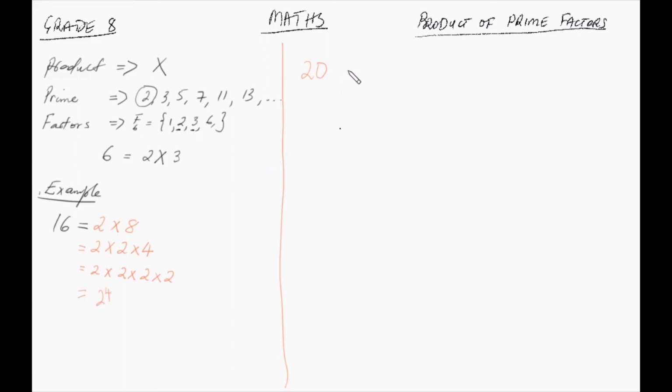The first prime number is 2, so you are going to say 20 equals 2 times 10. But now 10 is not a prime number. So put 2 in. 10 equals 2 times 5. So you have this 2, which is already here, times, instead of 10, 2 times 5.